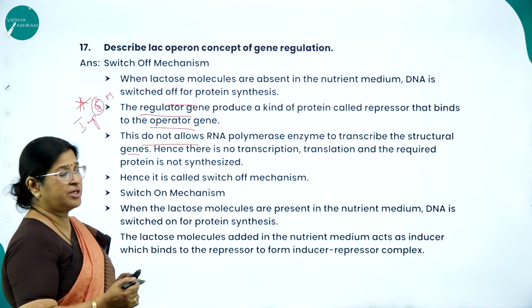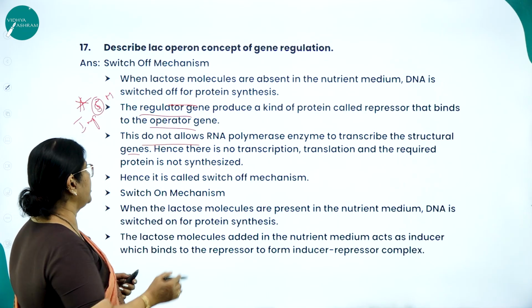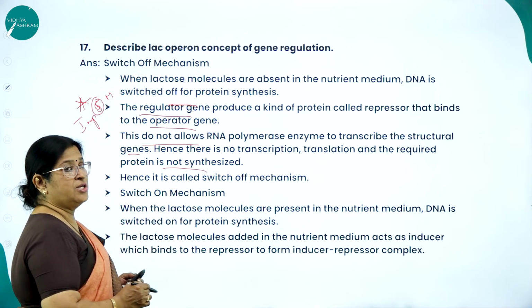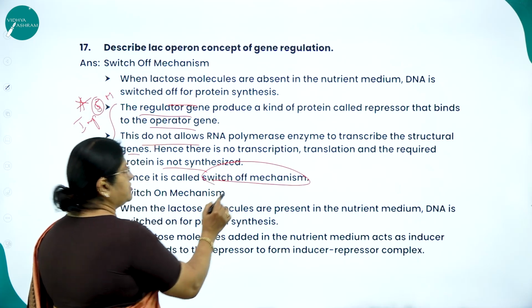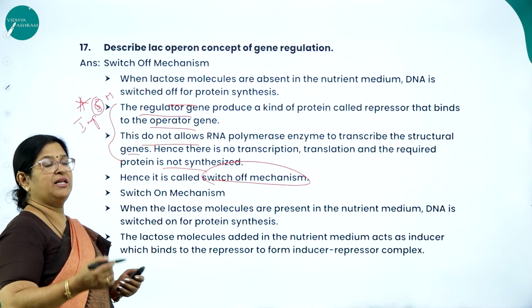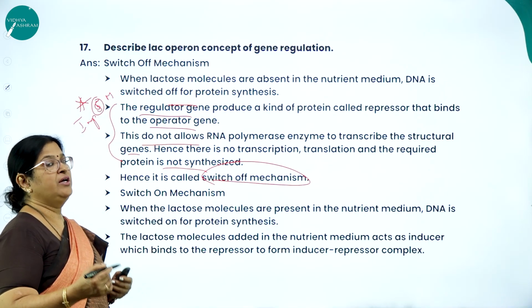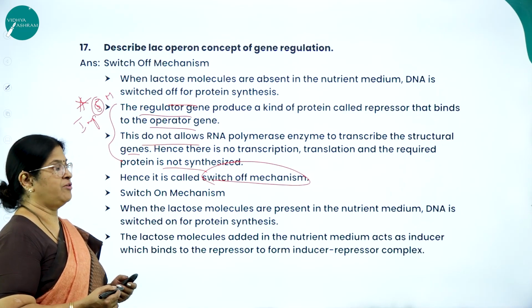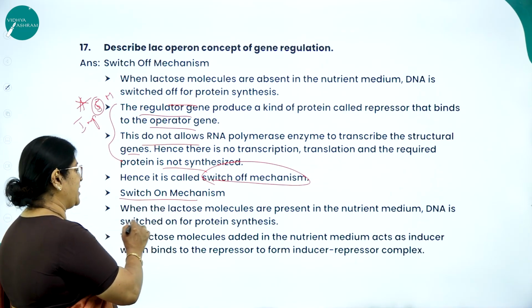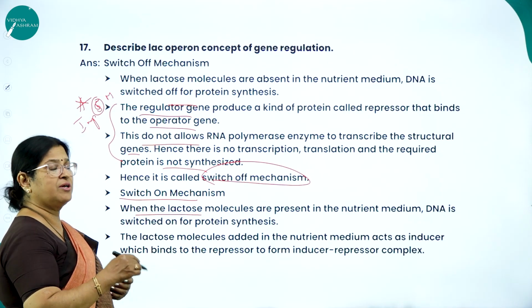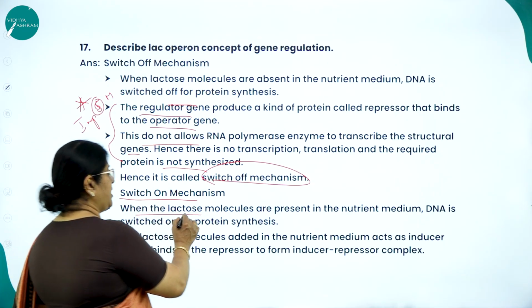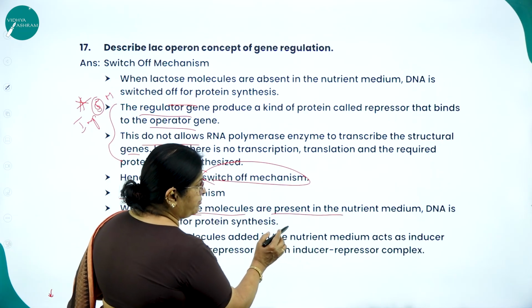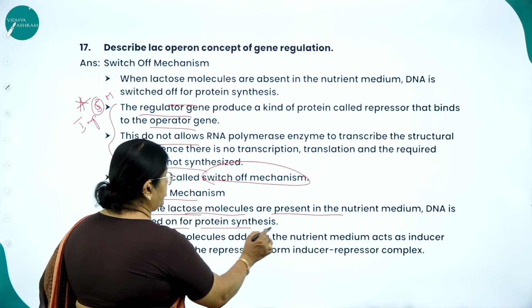Hence there is no transcription or translation, and the required protein is not synthesized. So you call this whole mechanism what? Switch off mechanism. Like how we switch on the lights when we want, and switch off when we don't want the light. Same mechanism. When lactose molecules are not present, switch off. When lactose molecules are present in the nutrient medium, DNA is switched on for protein synthesis.